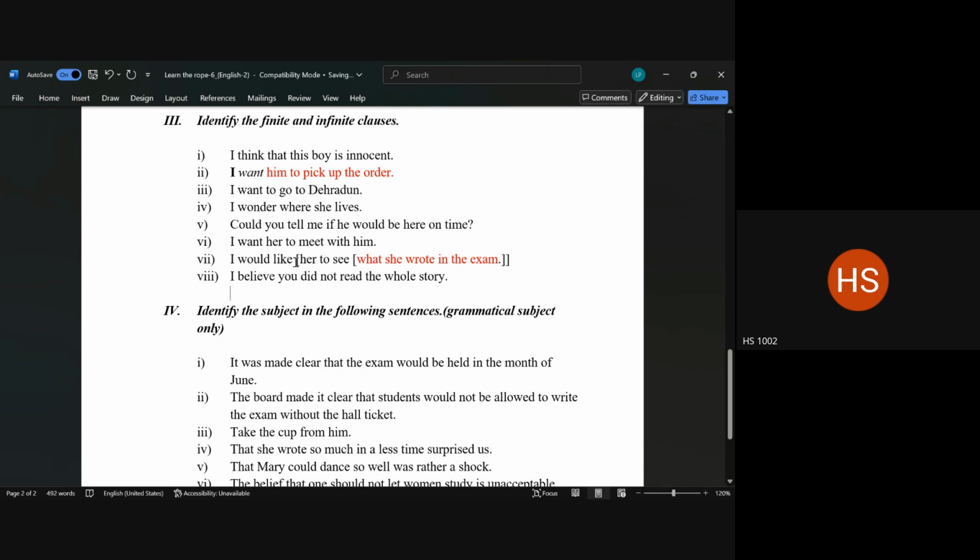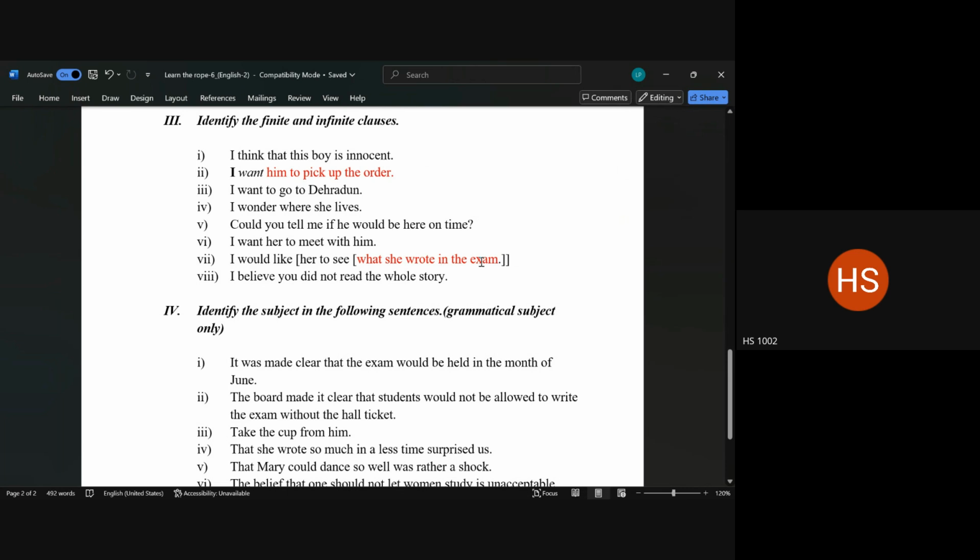But the whole of this, her to see what she wrote in the exam, is a non-finite clause, because the verb of that clause is to see, and that is non-finite, it is a to-infinitive. So this whole subordinate clause is non-finite, whereas the one in red, what she wrote in the exam, is a finite clause.